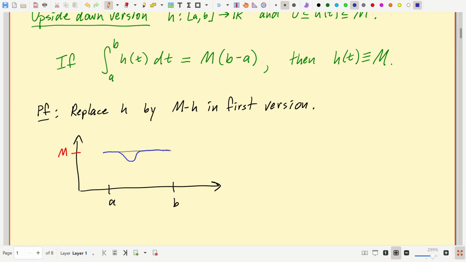Then the upside down version would allow me to put a little orange rectangle in here like I did before. And that would make that integral strictly less than that max possible. The area of this rectangle is m times b minus a. So it can't dip below when you do that proof upside down.